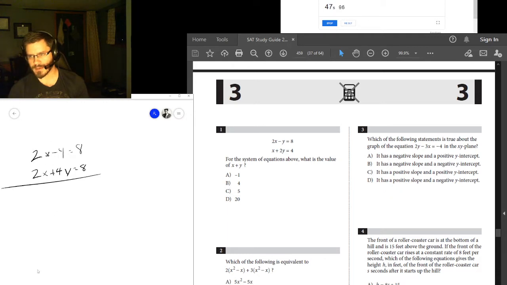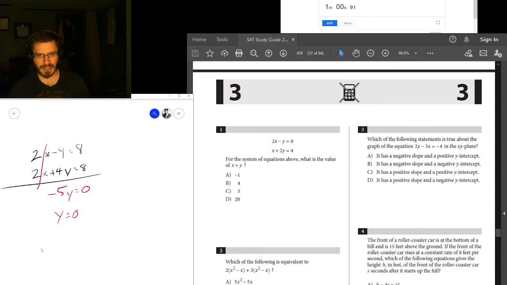Subtract straight down, the x's go away, and you get negative 5y equals 0. So y equals 0. If we plug y back in, we get x equals 4, and so y plus 4 is b.